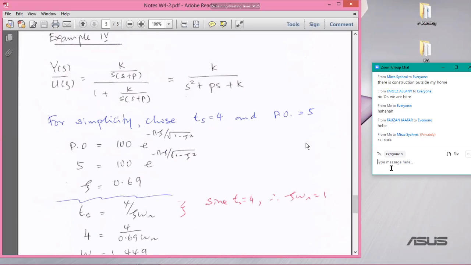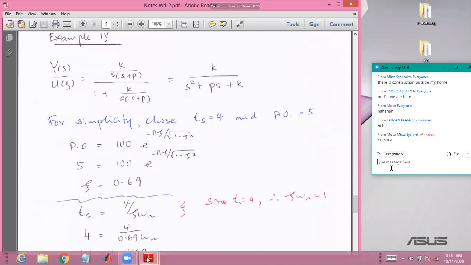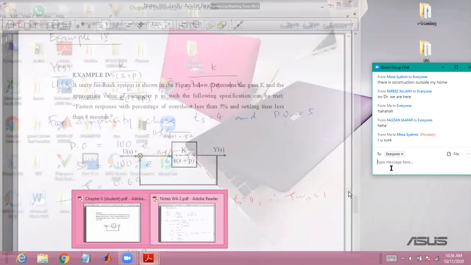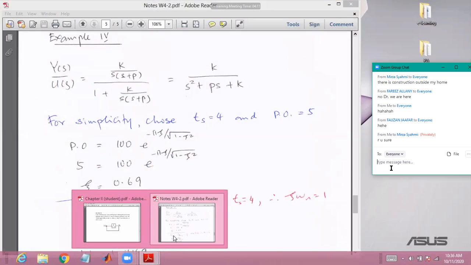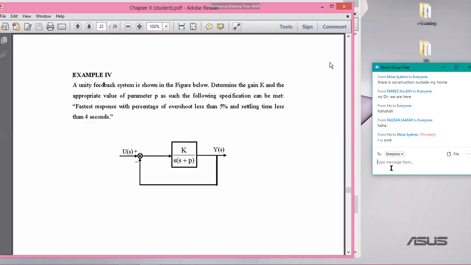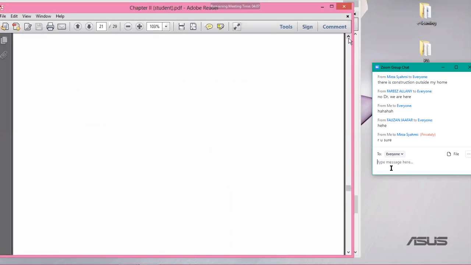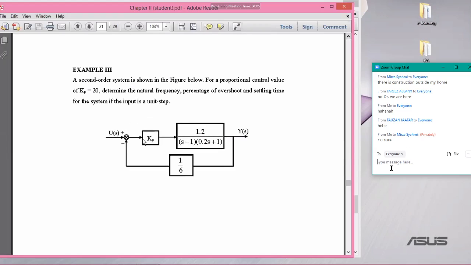So now we have seen two types of control system problems. One is the analysis type of question.